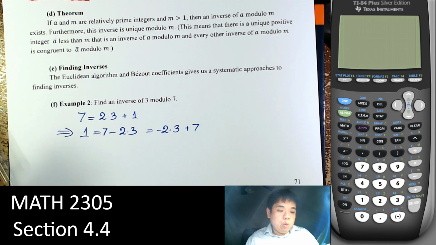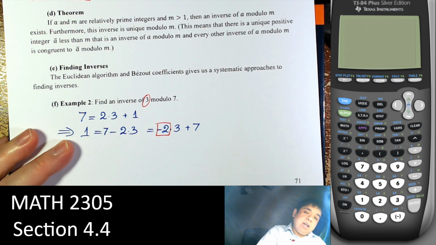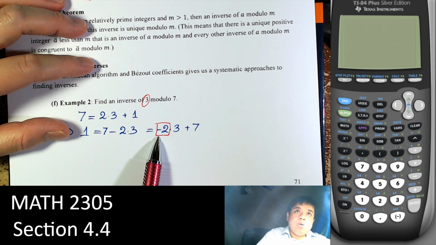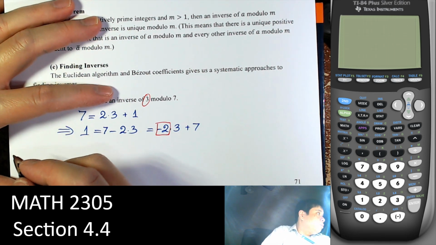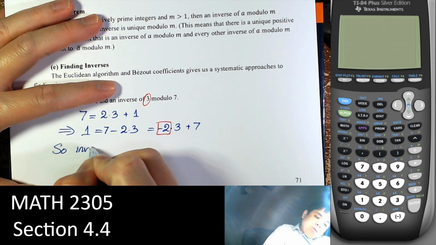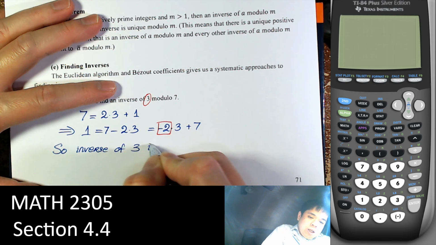Now we try to find the inverse of 3, so we look for the coefficient of 3, and the Bezout coefficient gives us the inverse. So the inverse of 3 is negative 2.